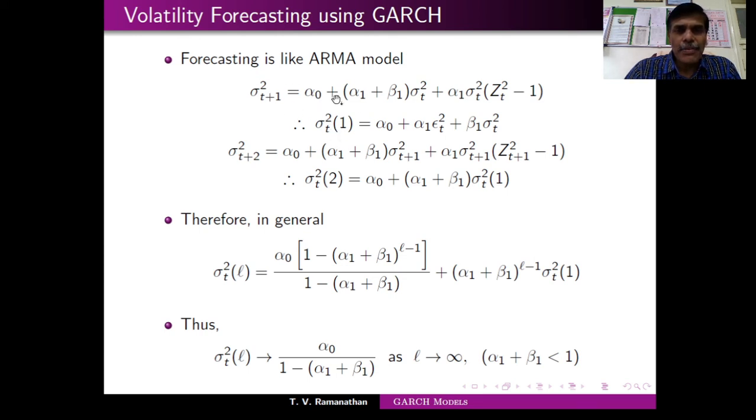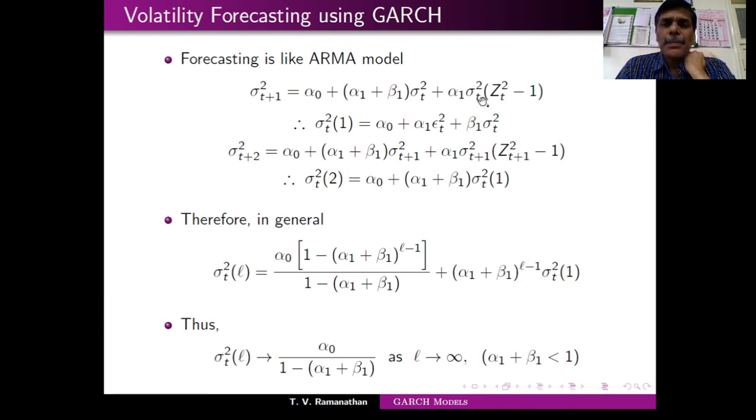So what will that be? Alpha_0 plus alpha_1 epsilon_t square plus beta_1 sigma_t square, because I will be replacing this with epsilon_t square. Where do you get alpha_1 epsilon_t square? This is because of the one-step-ahead forecast of this; something cancels here, sigma_t square, alpha_1.